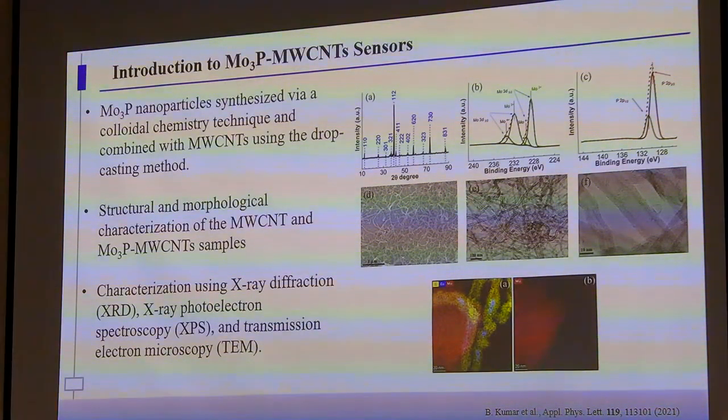They may be very good catalysts for hydrogen sensing as well, though we have no test here. But in this case, first you can see a very dense carbon nanotube network, and here you can see how the carbon nanotube interacts with the MoO3P particle. And this is confirmed with XPS and EDS analysis, even XRD, that we have a hybrid structure where the carbon nanotube and MoO3P are interacting together.